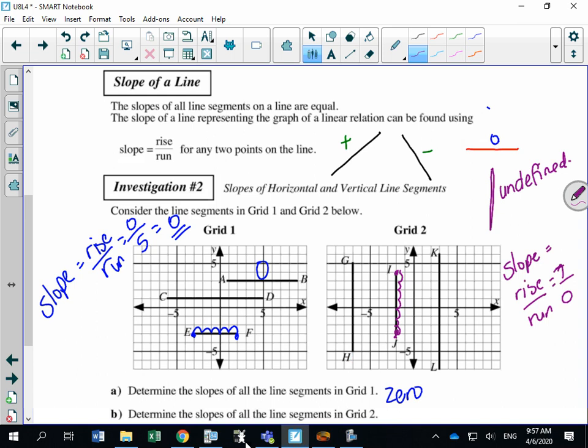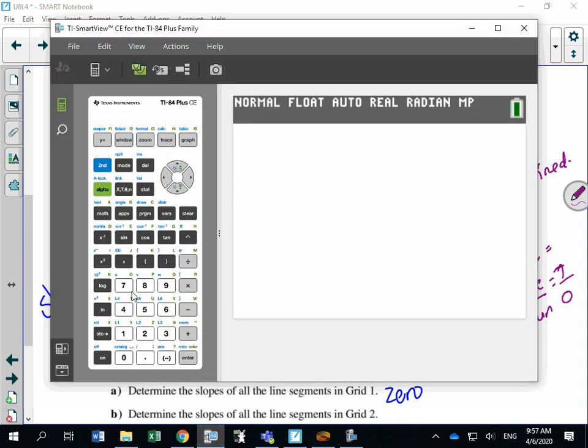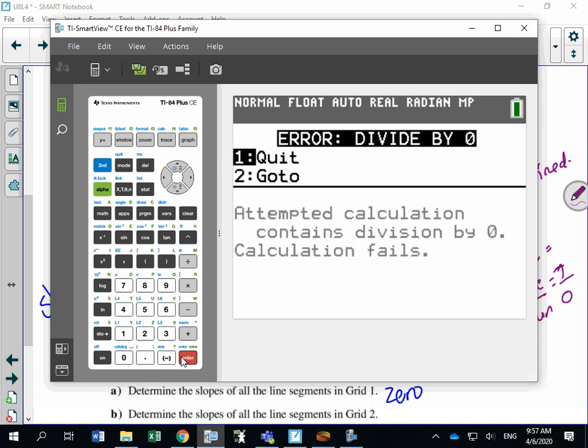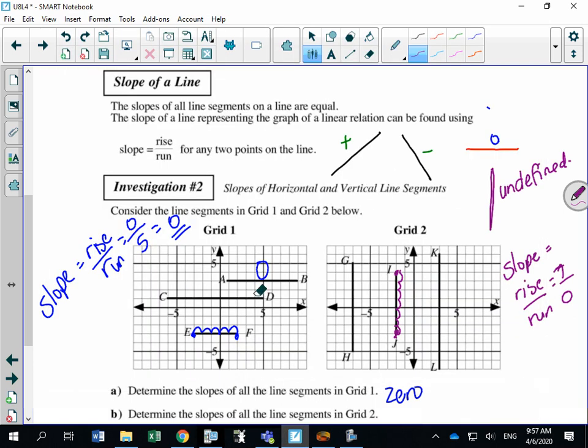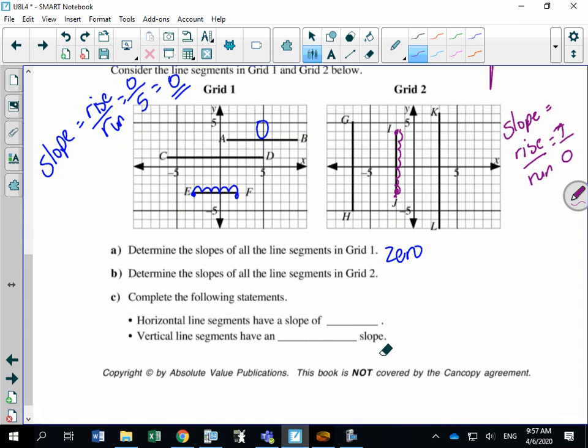I'm not making a left or a right move. If you type in on your calculator 7 divided by 0, that is undefined. So if you see a horizontal line, you tell me that the slope is 0. If you see a vertical line, you say it is undefined. So all of the slopes in grid 2 are undefined.